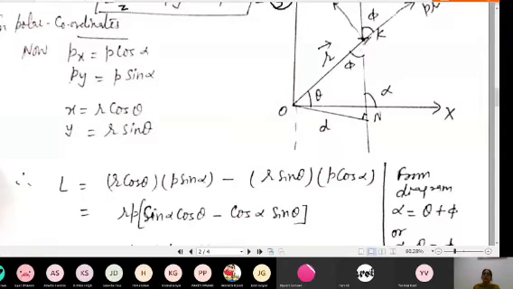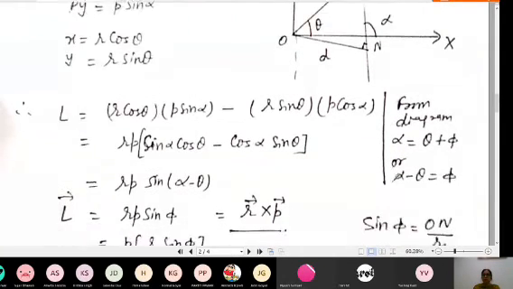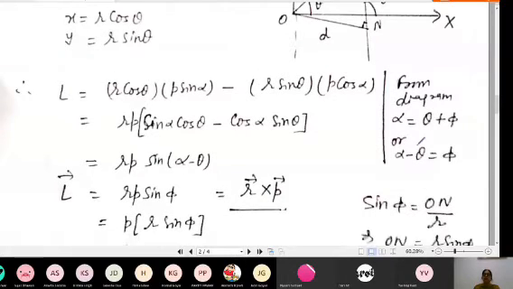So in this triangle ONK, alpha is given by theta plus phi, or you can get alpha minus theta as phi. Thus L equals rp sine phi, which you can write as r cross p.